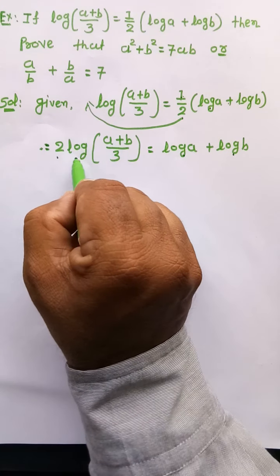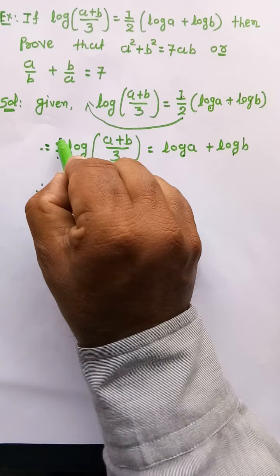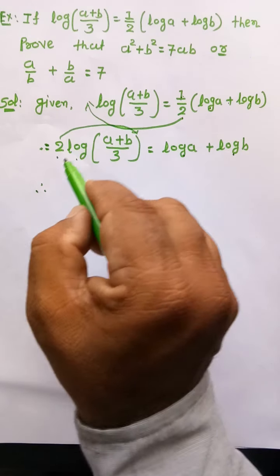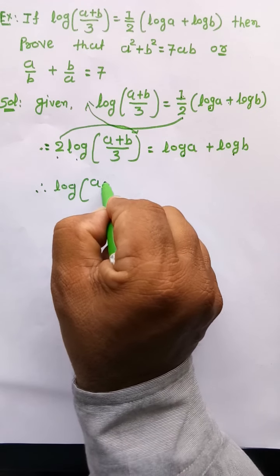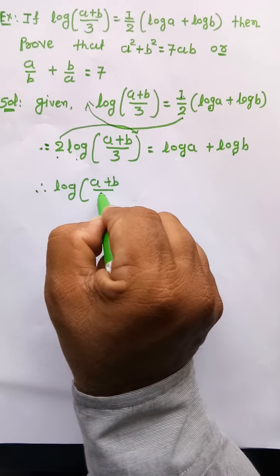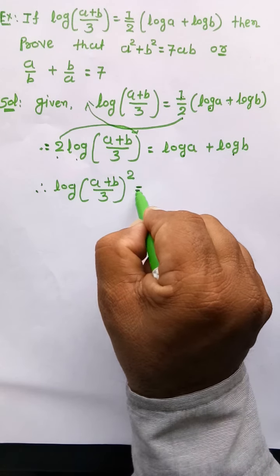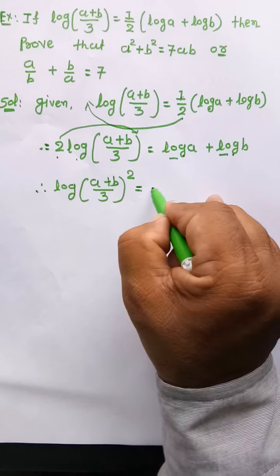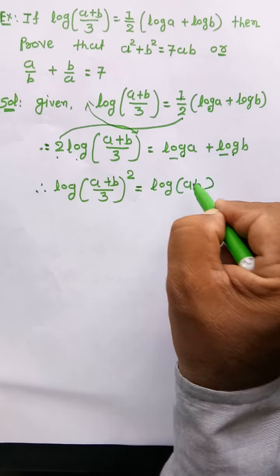Now here 2 is multiplication in log, then by our rules 2 goes in power. So log (a plus b by 3) raised to 2. Here log is common, then a multiplication b.